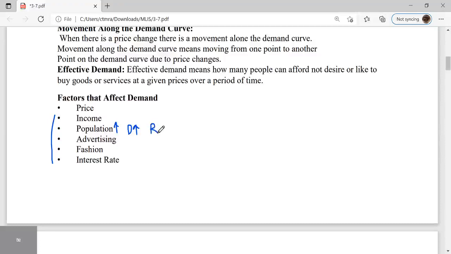Now let's think about income rising. What will happen to the demand for low quality food? Let's think about a low quality food, something called coarse rice. I'm not sure whether you know it.